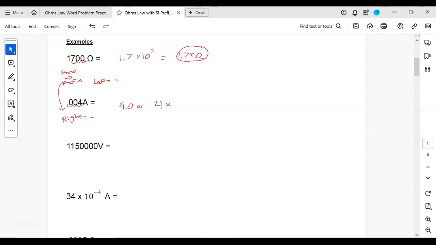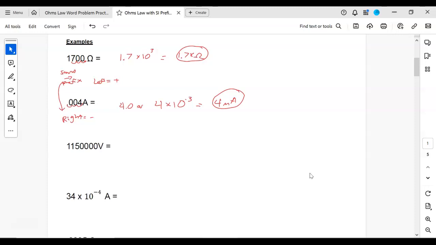And that's times 10 to the negative 3, because we moved to the right. So 10 to the negative 3 would be milli. So this would be 4 milliamps. And it should make sense. This looks like a small number, so we're using one of the small prefixes. This looks like a big number, so we're using one of the big prefixes. This is positive, this is negative.